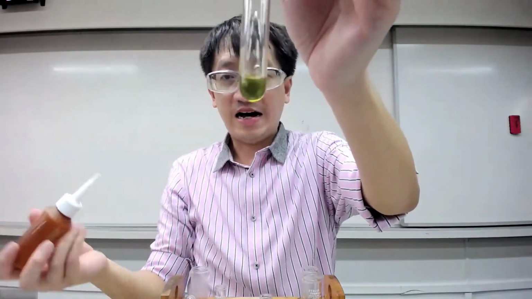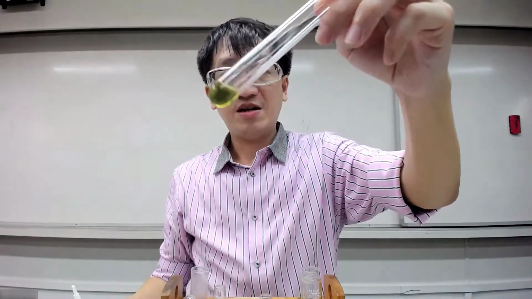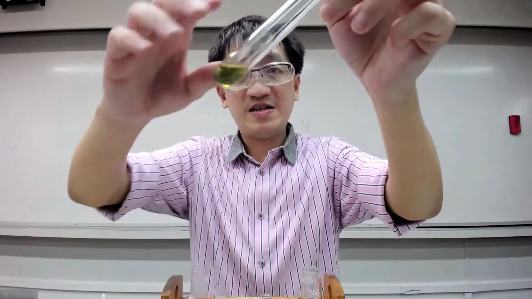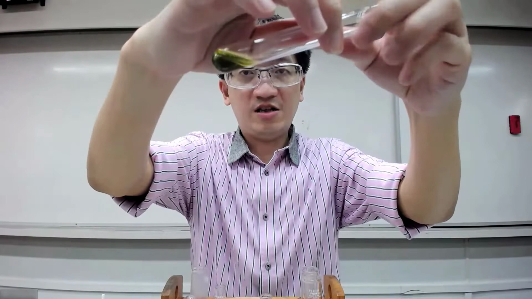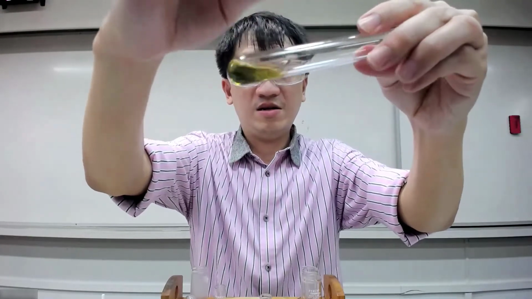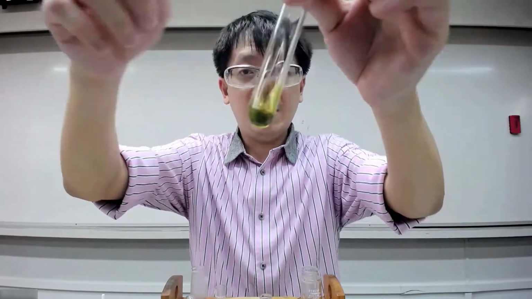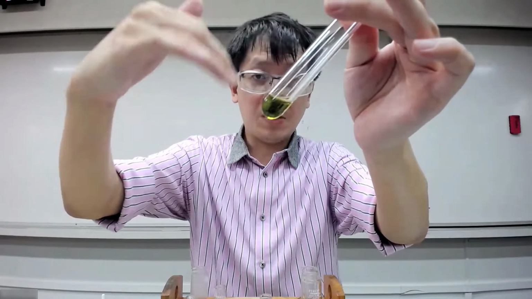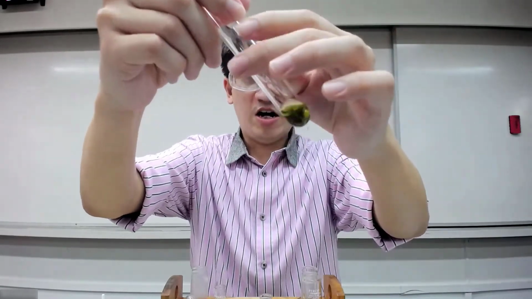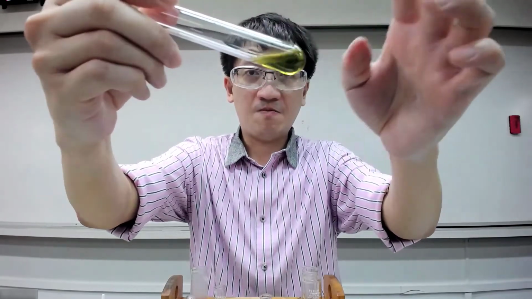I'm going to teach you a technique. You tilt the test tube a little bit, so that the wall of the test tube will be filled with a little bit of the solution.